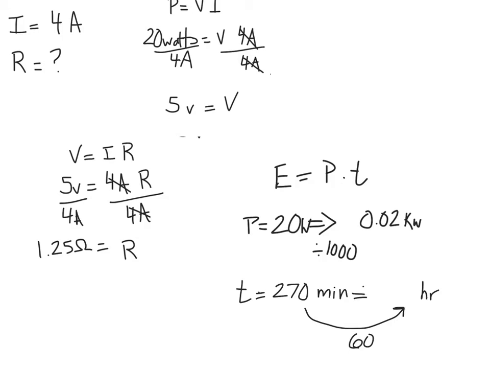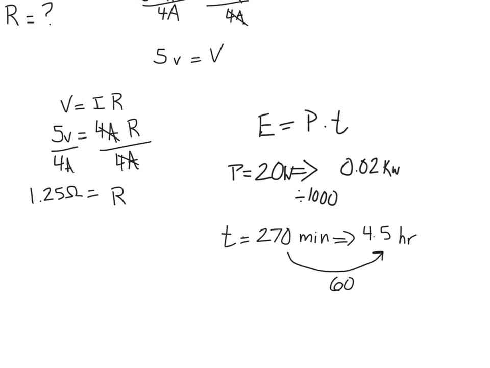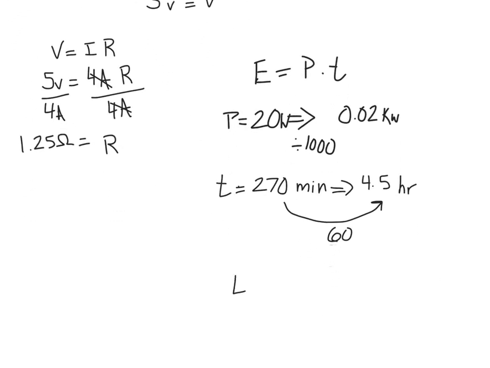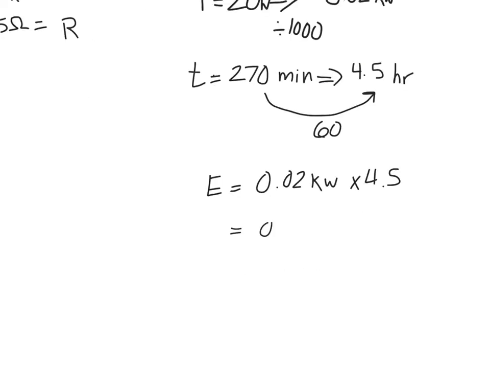And so that gives us 4.5 hours. From here, we can calculate our energy. So energy is equal to 0.02 kilowatts times 4.5, which is equal to 0.09 kilowatt hours.